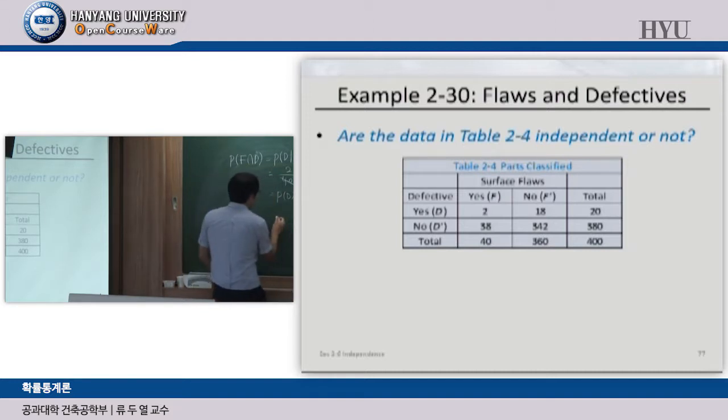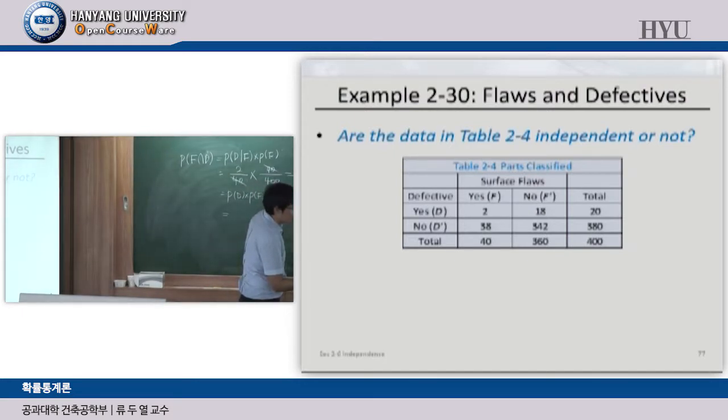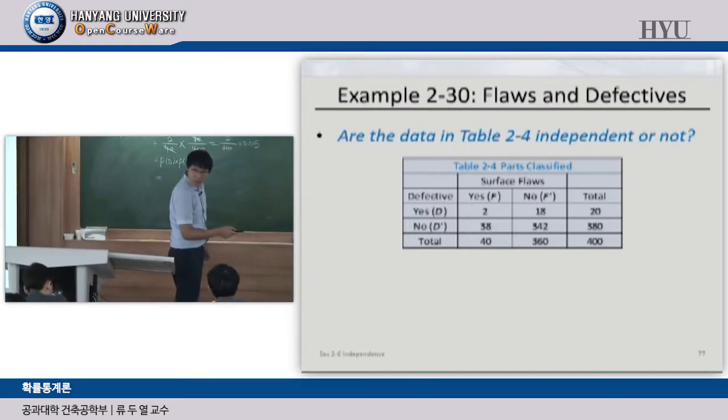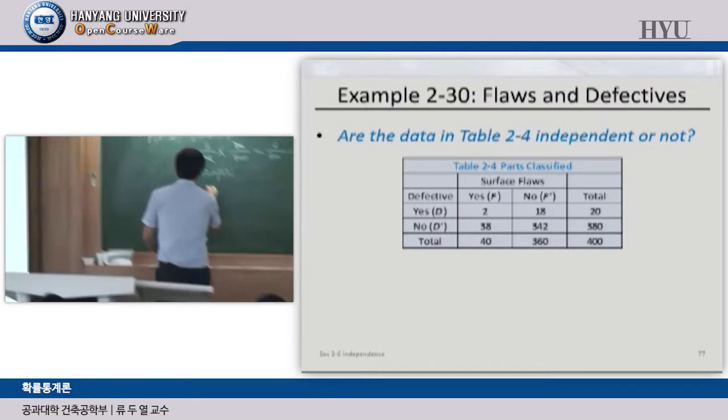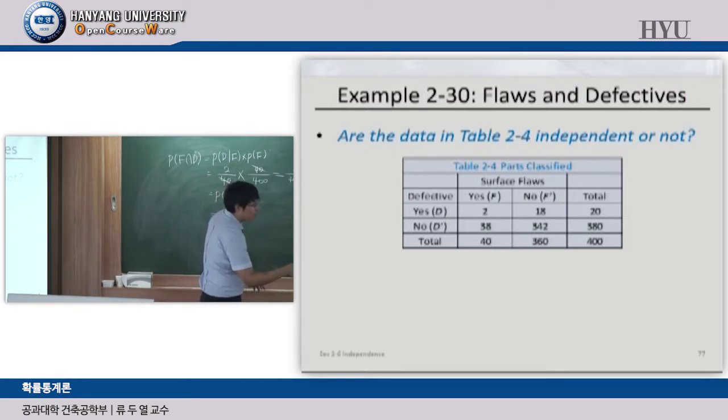So, what is the probability of D? That is 20 divided by 400, right? So 20 divided by 400 multiplied by the probability of F, which is 40 divided by 400.